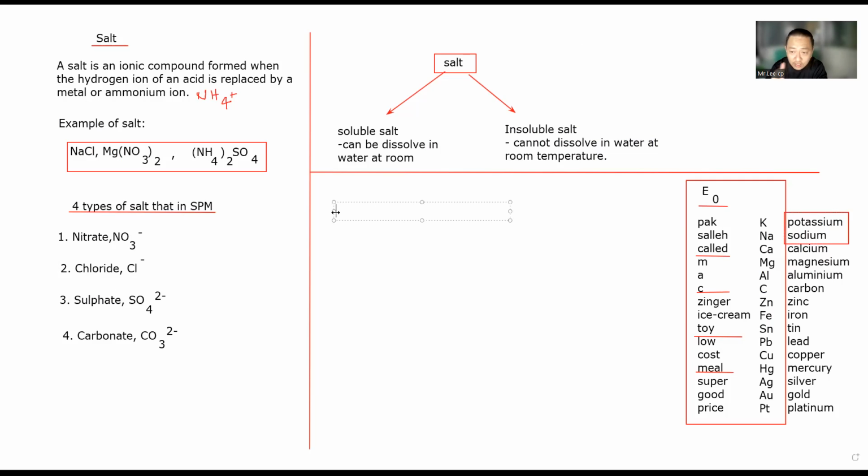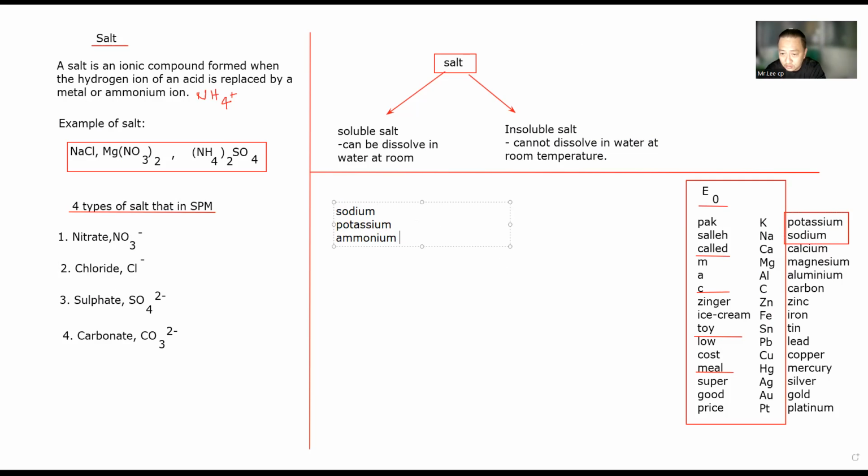So all sodium, potassium, and ammonium salts dissolve in water.